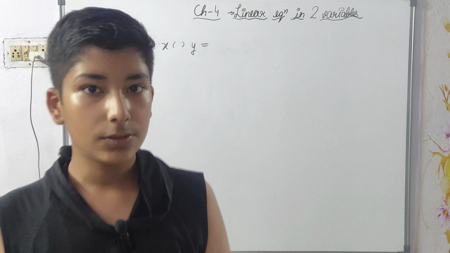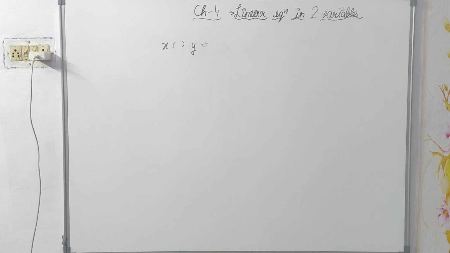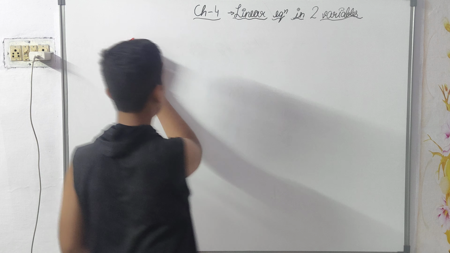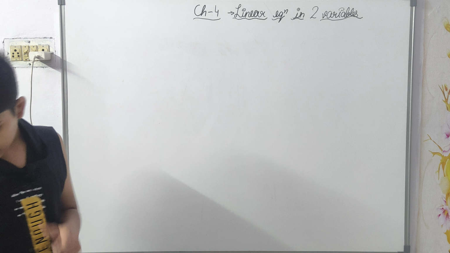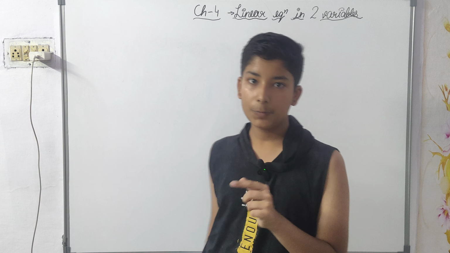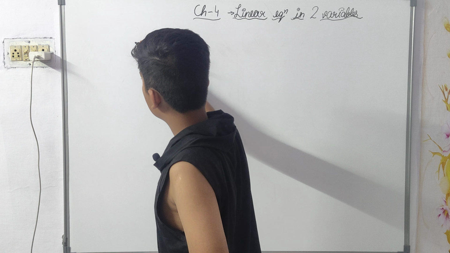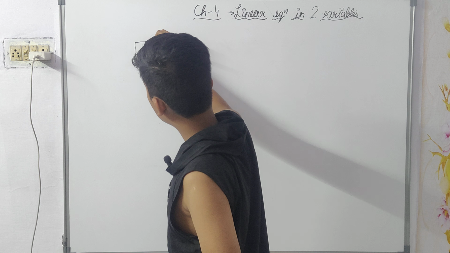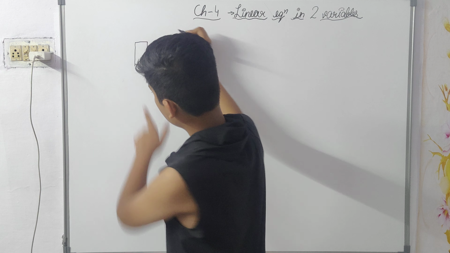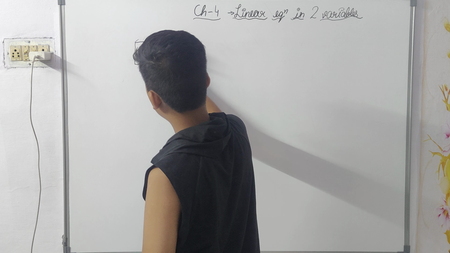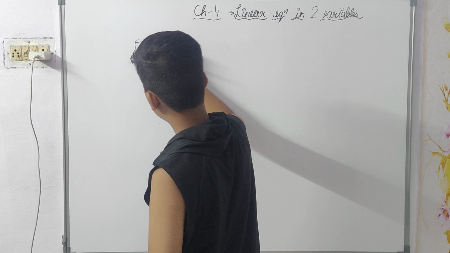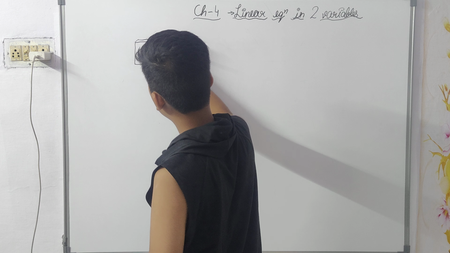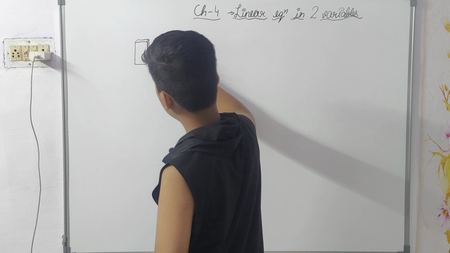So I will have to start with the first question to explain it to you in a better way. Let's start. The cost of the notebook, like there is a notebook, this is the notebook, so many pages over here.